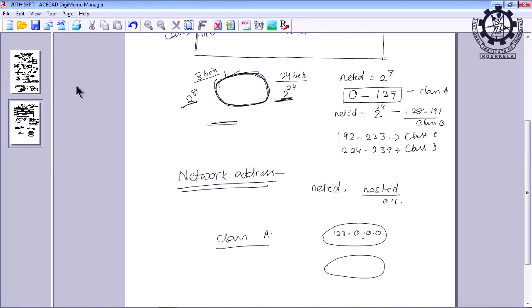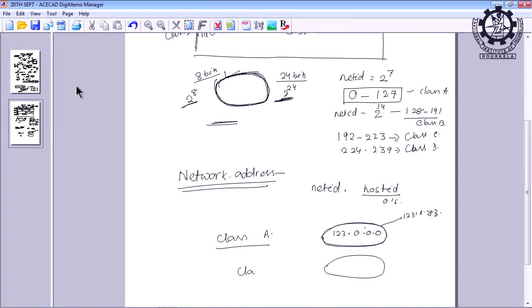That means all the host ID will be 0, and this address can be given only to a network, not to any host in the network. So, the hosts connected to this network will have a number 123.x.y.z. So, when all host IDs are 0, we say that this is a network address.